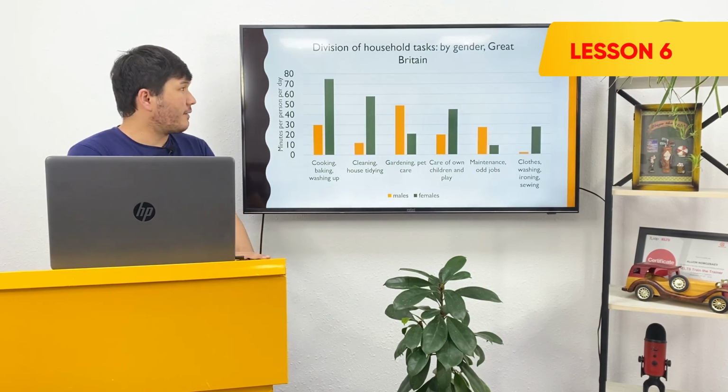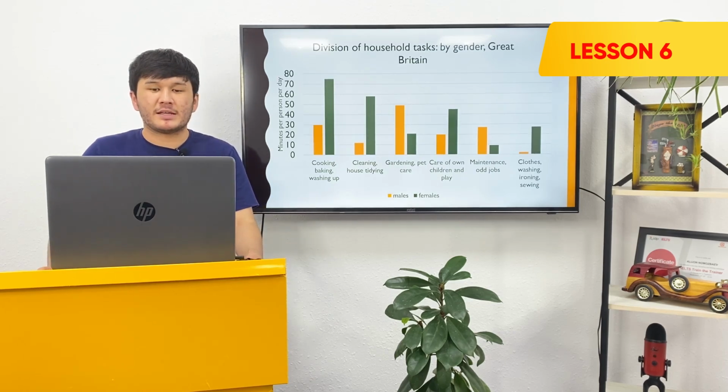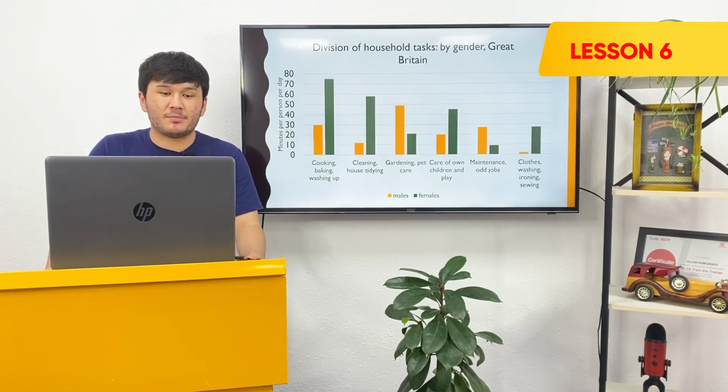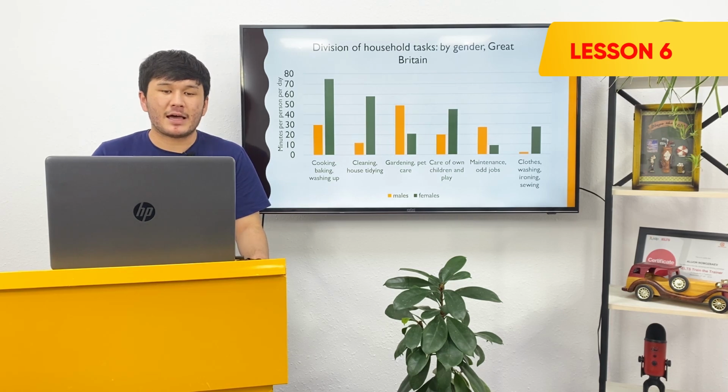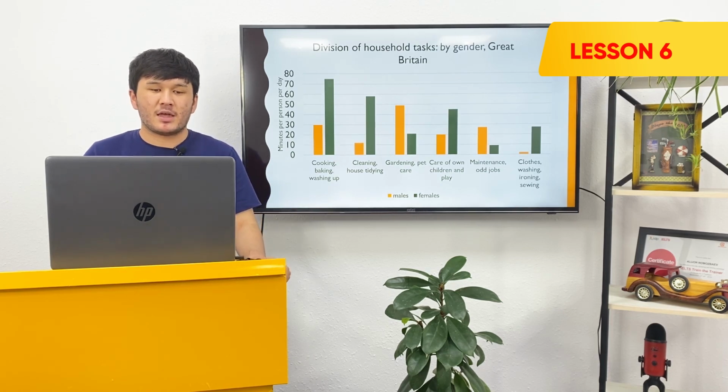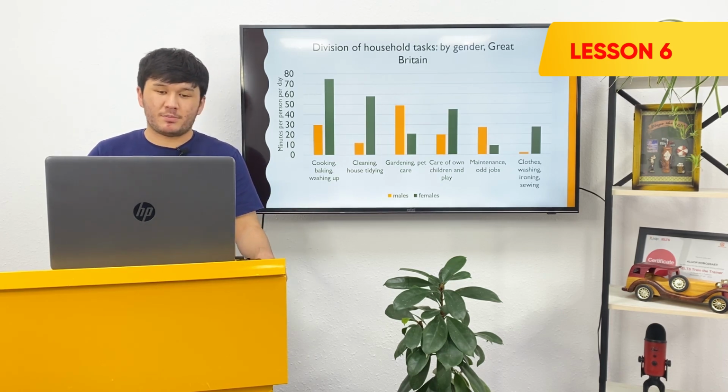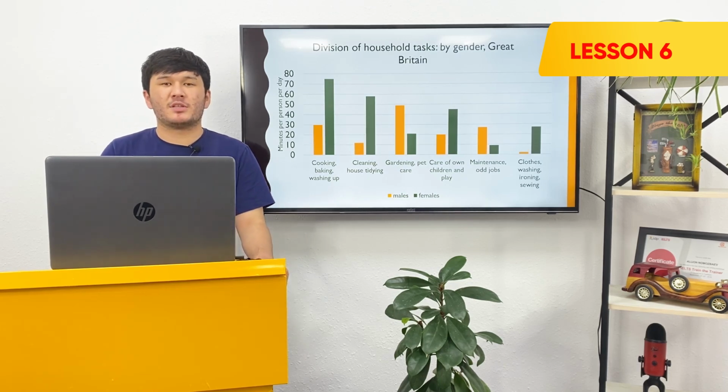So we now have division of household tasks by gender in Great Britain. So there are 2 genders and there are 6 types of household tasks, and this is showing minutes per person per day. So always you want to quickly learn what the chart is showing.